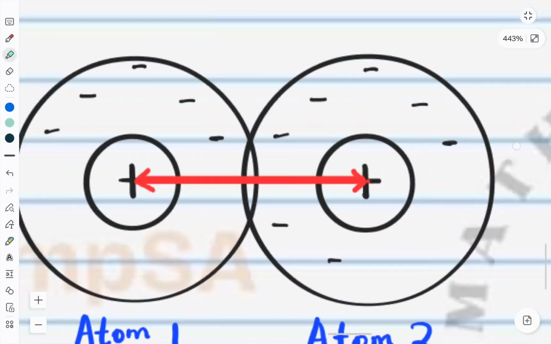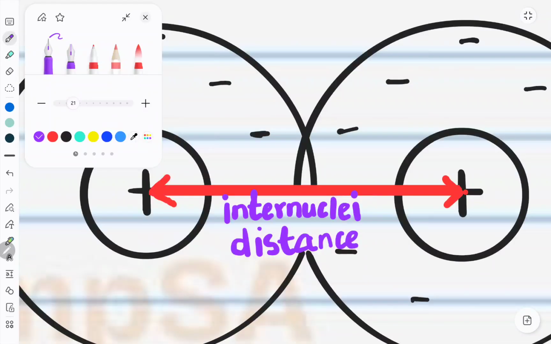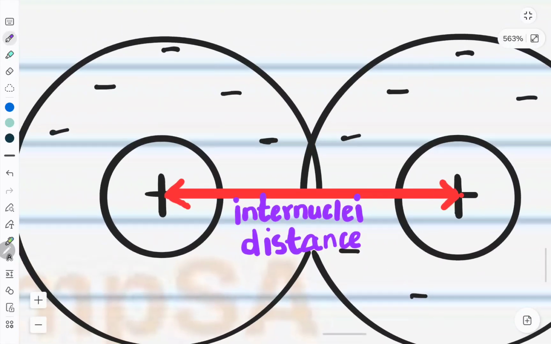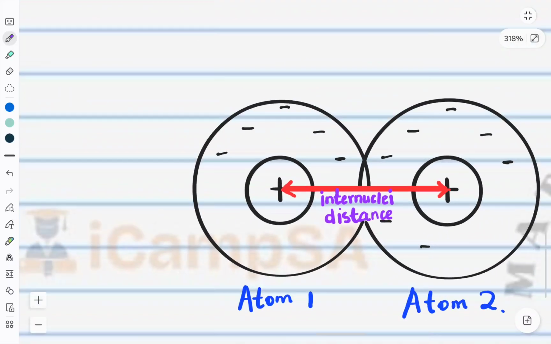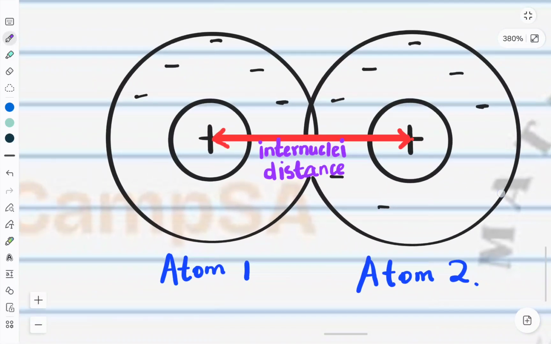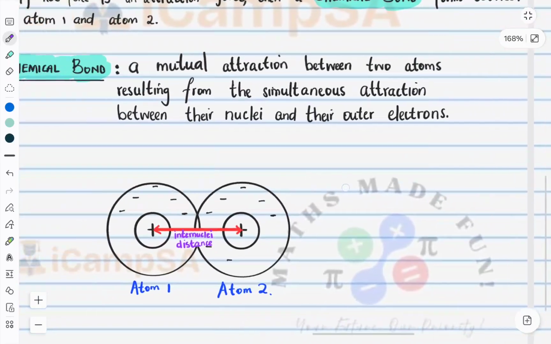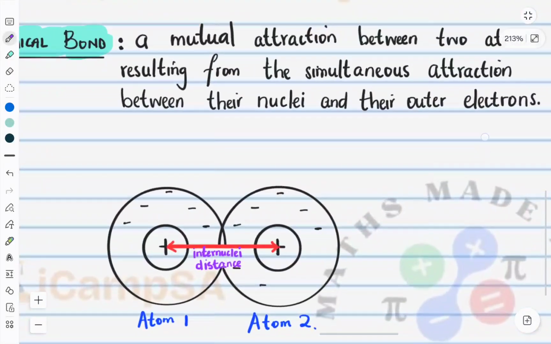Okay, let's label it: internuclear distance, this is how we write it, or the distance between the nuclei of the atoms. It's just an average distance, and I will show you how it affects almost everything. So keep this idea in mind.